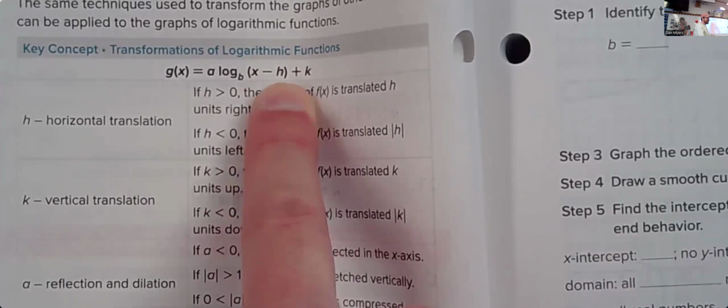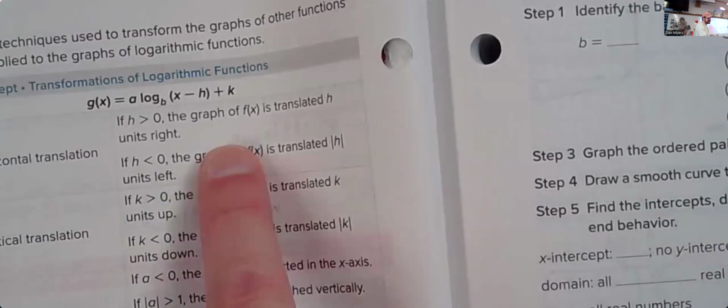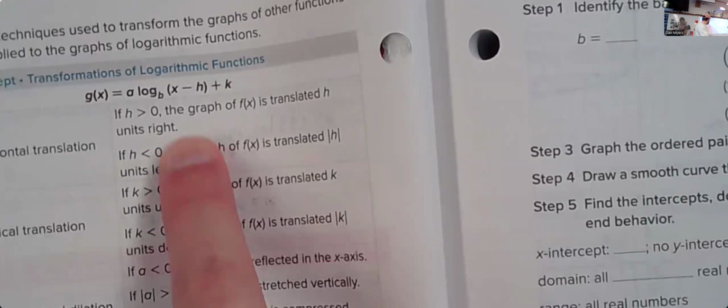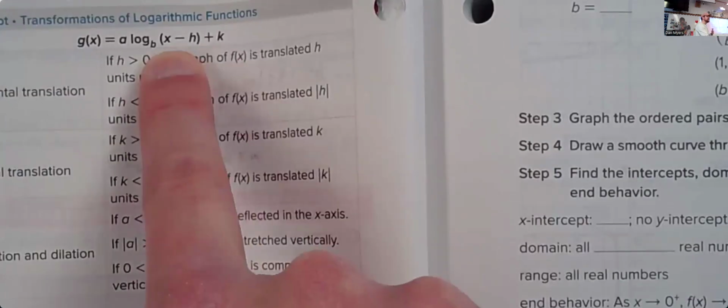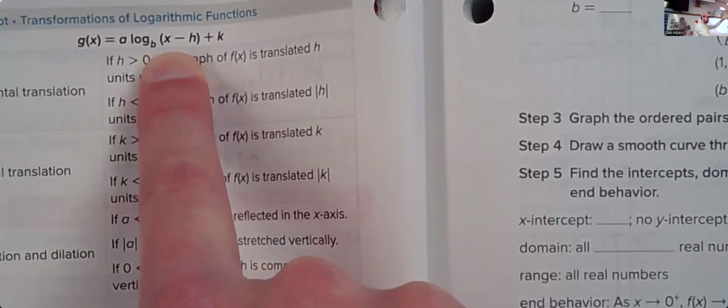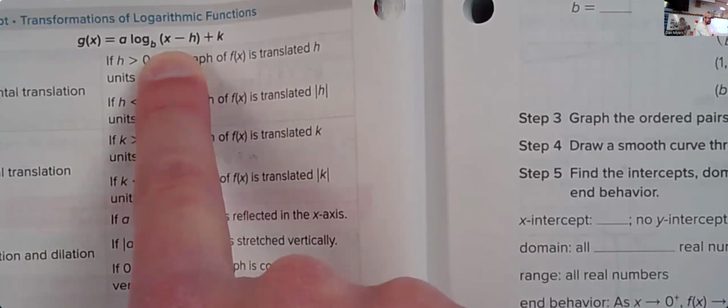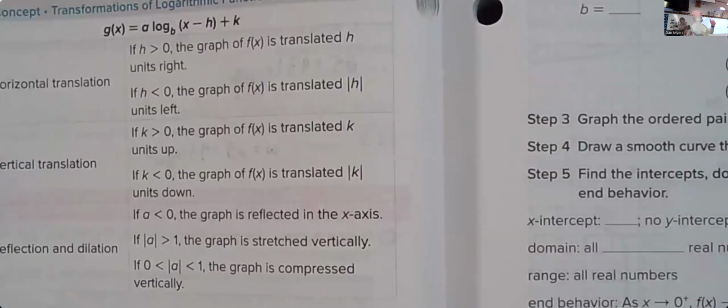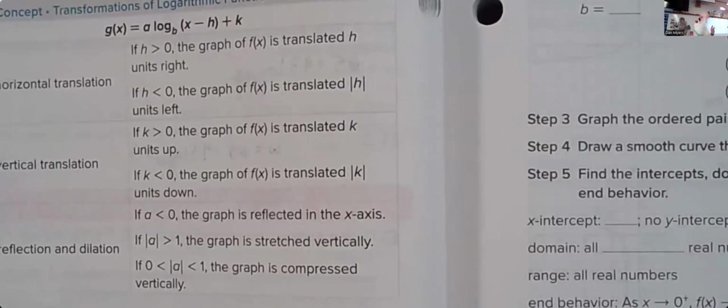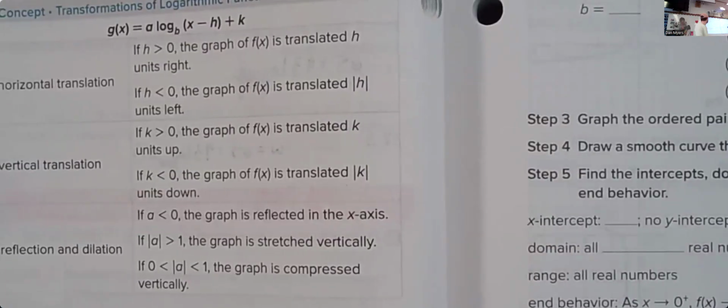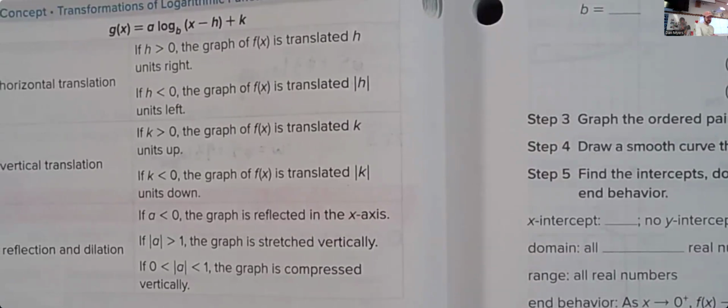We've seen it before. If h is greater than 0, it translates to the right, because if you plug in a positive number for h, this will still be subtraction. So it will go to the right. If h is negative, this will be a plus, which means it's going to the left, because the negative direction on the x-axis is to the left. And then the other translations we've already spoken about.